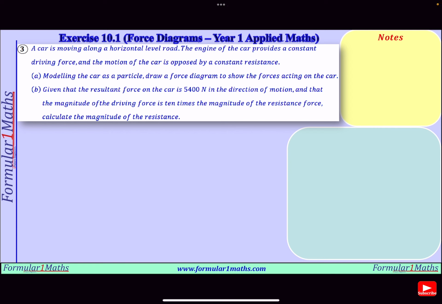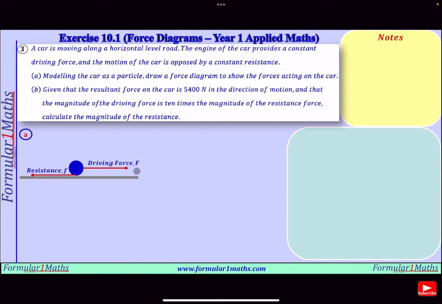So first, let's draw our force diagram. So that is the particle, and this is the horizontal level road. So first, there's a driving force F acting in this direction. There is an opposing force or resistance, lowercase f, acting in the opposite direction.